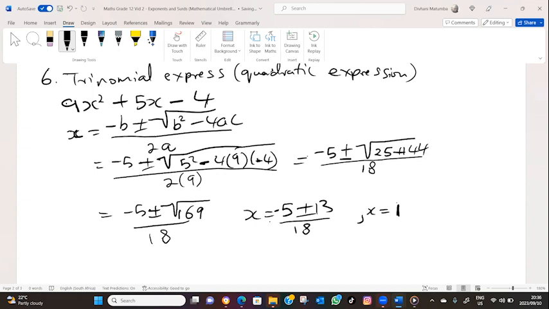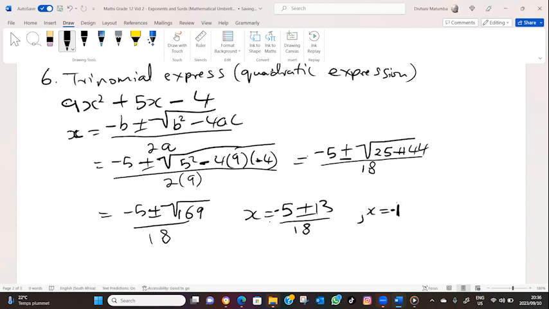That is, okay, we have two solutions because we have a plus or minus. So let's start by the negative one. Minus 5 minus 13. It is minus 18. Minus 18 divided by 18 is minus 1. Then minus 5 plus 13.